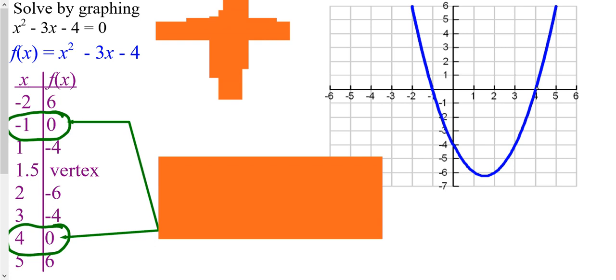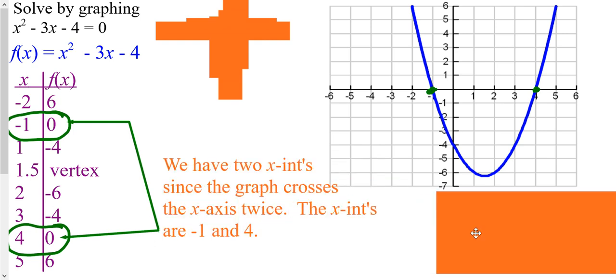We can also see that it crosses at a height of 0 here, your x-axis right at 4, and also here at -1. That's where you can see it graphically. So since it crosses the x-axis twice, we have 2 answers, and we want to write down our 2 answers of where it crosses. Now, whether you get that from the table or whether you get that from your graph does not make a difference.